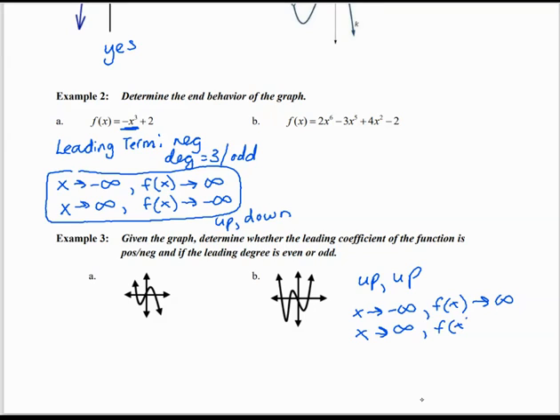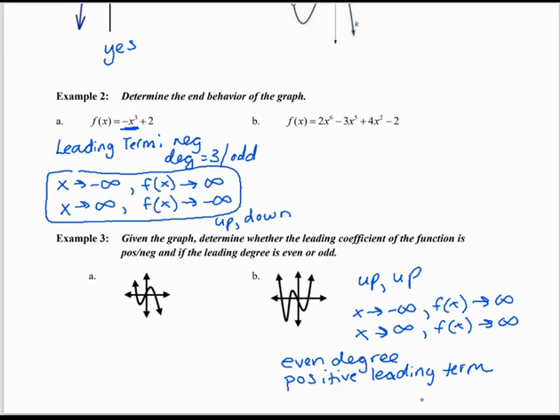So now what I'm going to look at is, okay, when my end behavior is the exact same, up, up, or down, down, I know that that's going to be an even degree. And since it's going up, up, right, that means we will have a positive leading term.